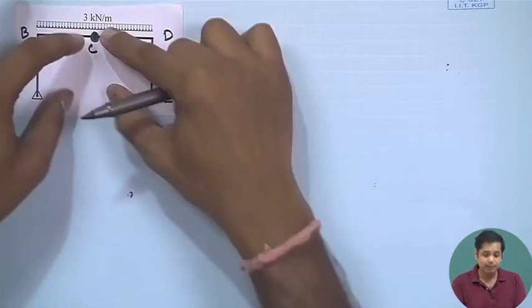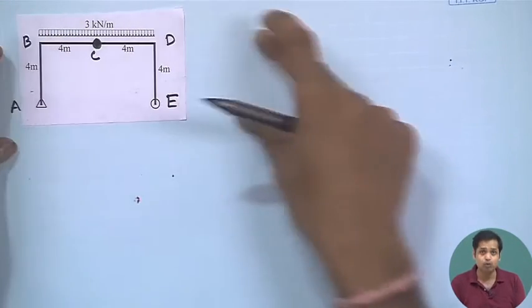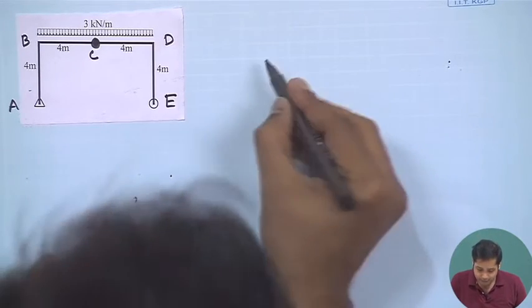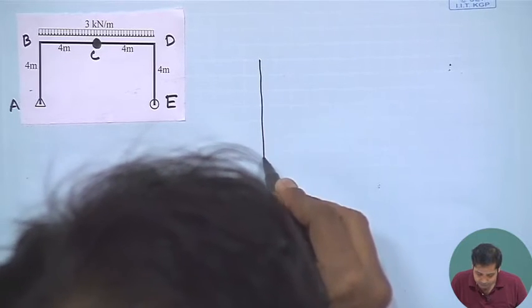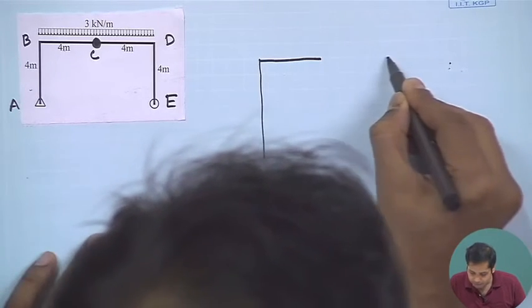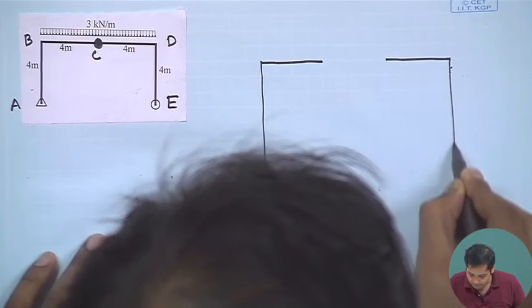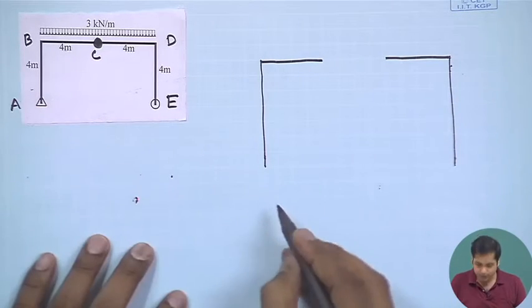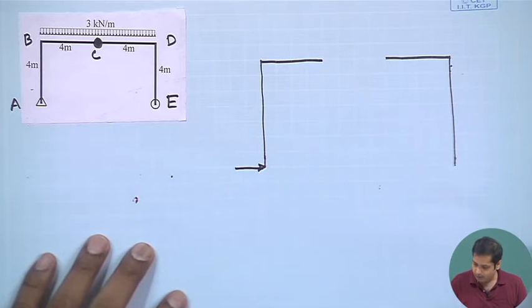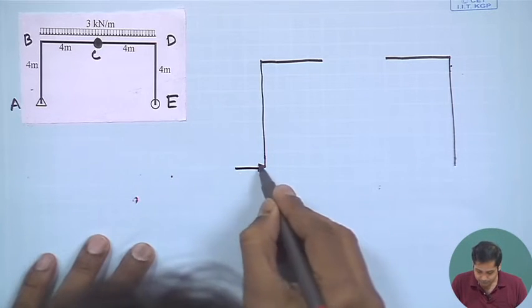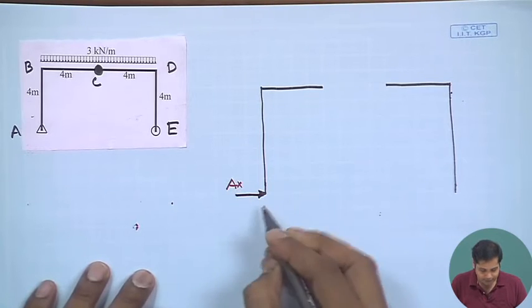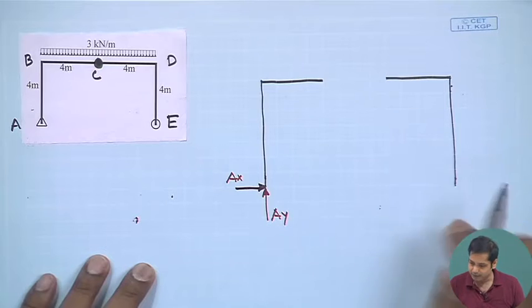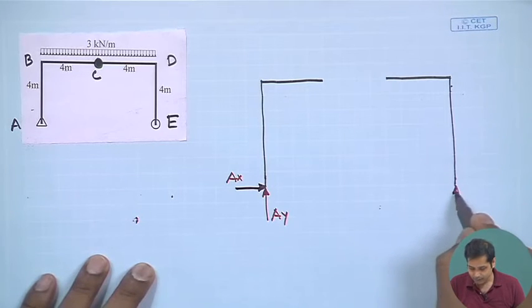Now, if you break the entire structure into two parts and draw their free body diagrams, it will be something like this. This is a hinge support with reactions AX and AY. The support reaction here is EY.